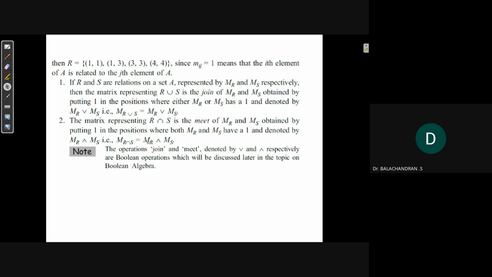Then only the corresponding position is 1. Suppose here 1 and 0, then 0; 0 and 1 is 0; 0 and 0 is 0. Join and meet are denoted by these symbols.